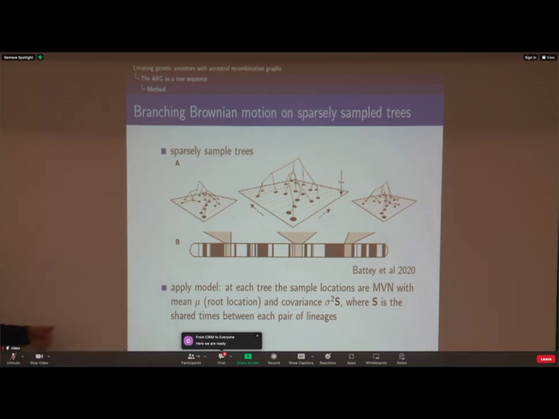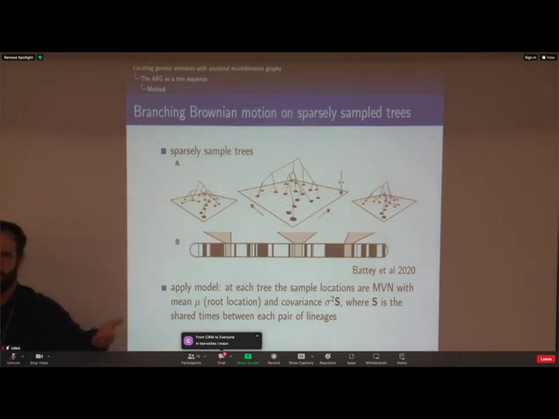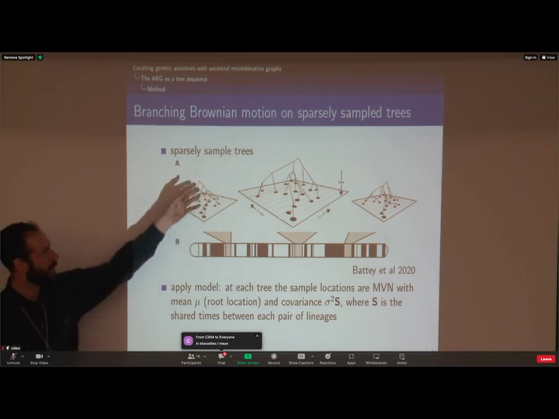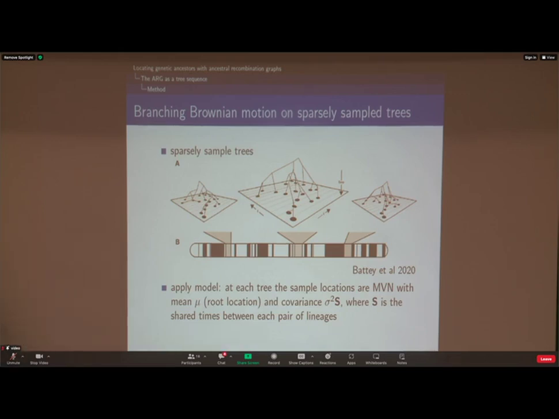At each tree, the locations of the samples are multivariate normal with a mean at the root and a covariance that depends on the product of the dispersal rate, sigma squared, and this matrix S, which captures the shared times between all of the lineages of the tree. So this sample and this sample share a lot of time, and so their locations will be more correlated, will have higher covariance.